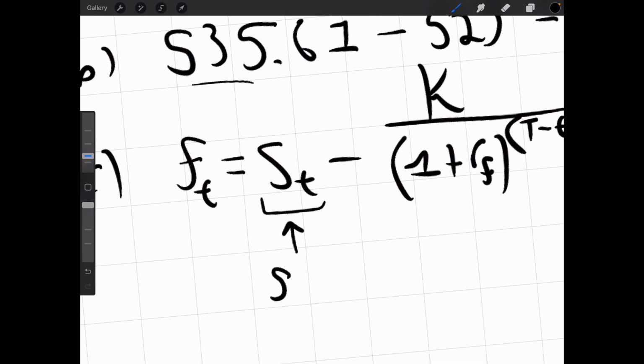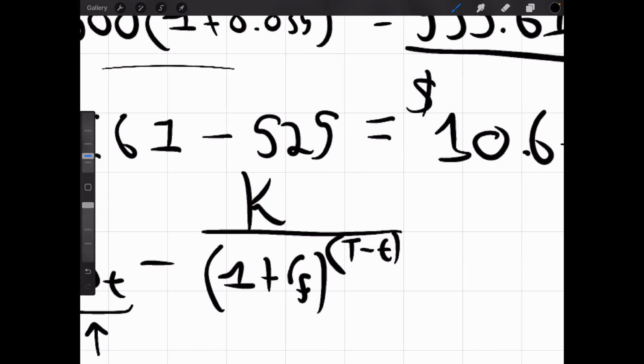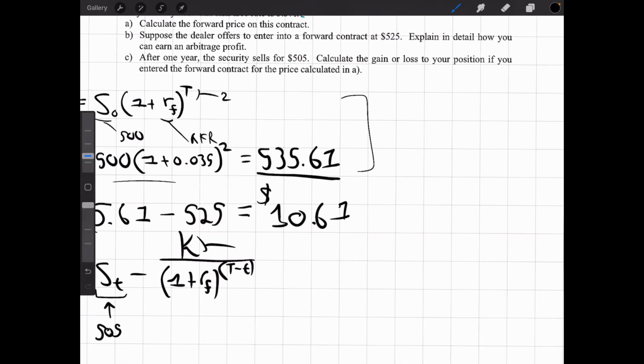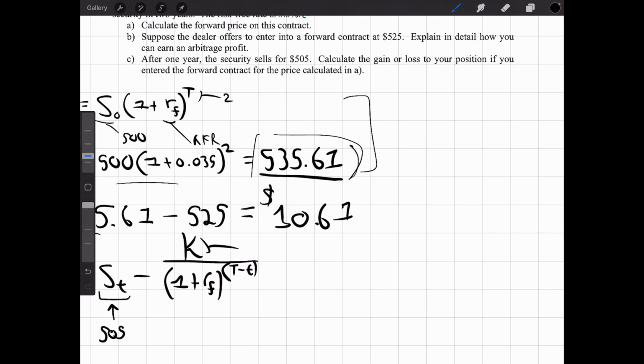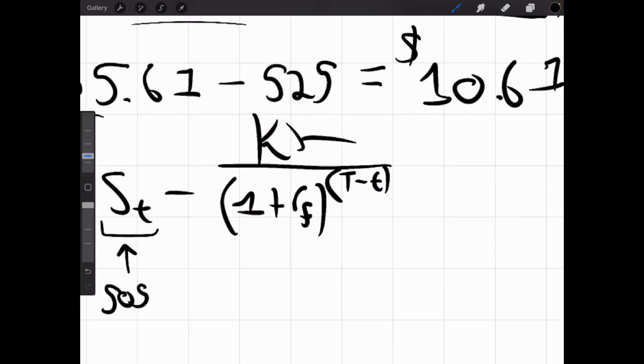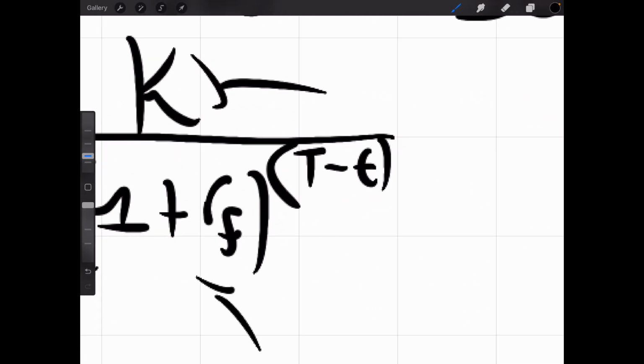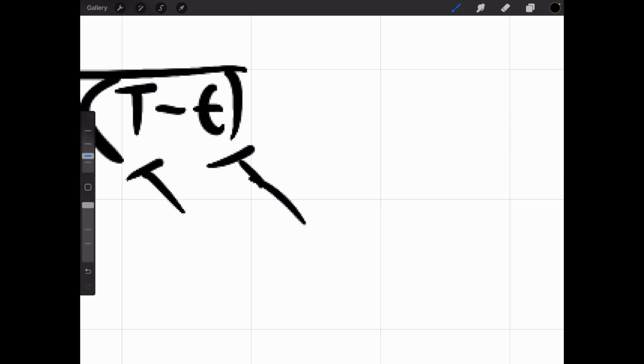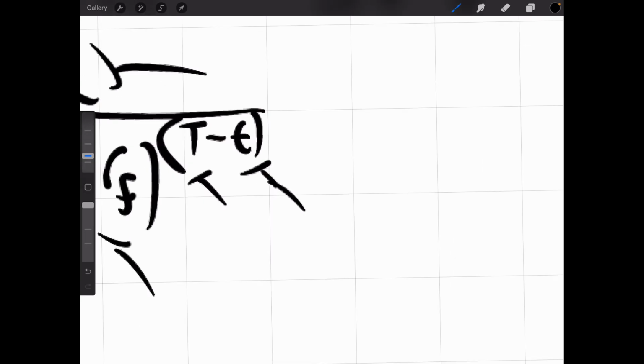So $505. This K right here is your price, your position. Then the risk-free rate, total time, and then less the time that has elapsed.